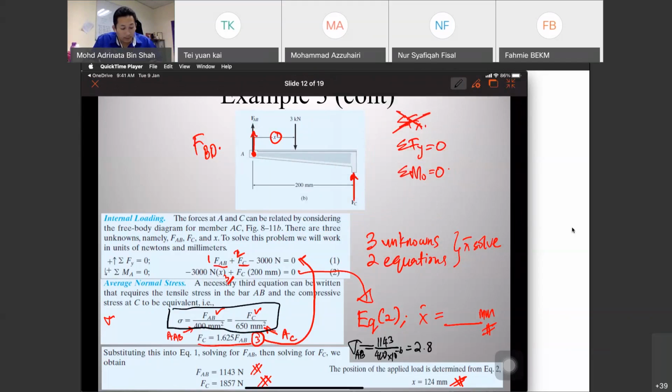Two point 8586 megapascal. Okay, so you calculate your normal stress of rod AB.